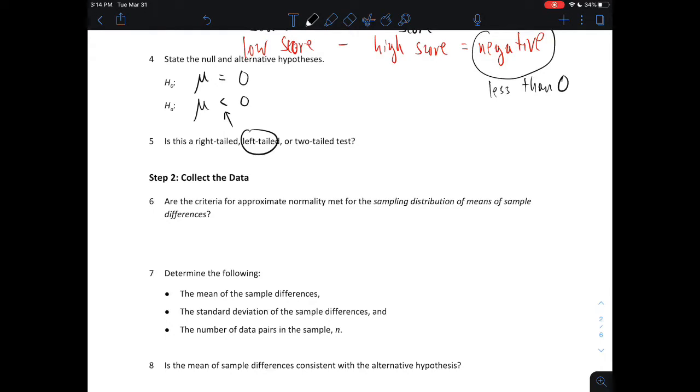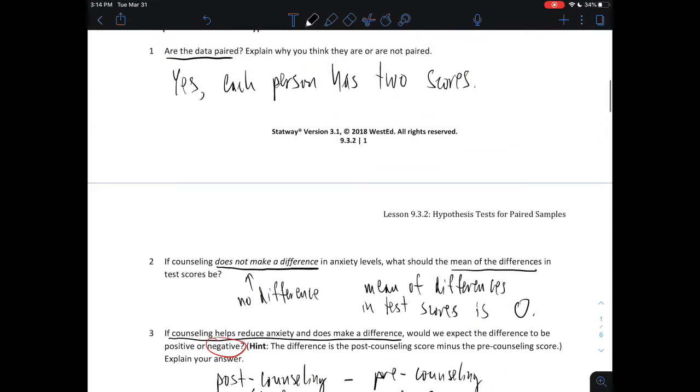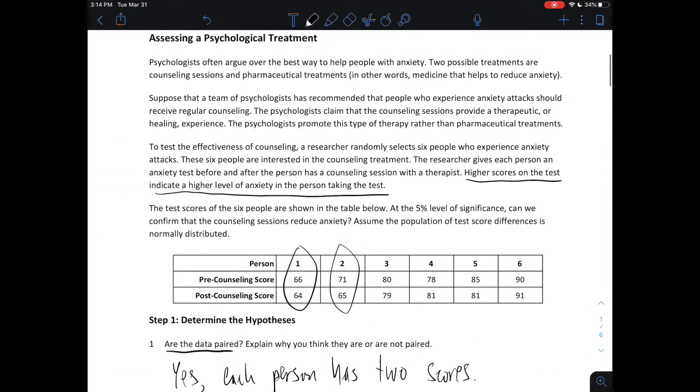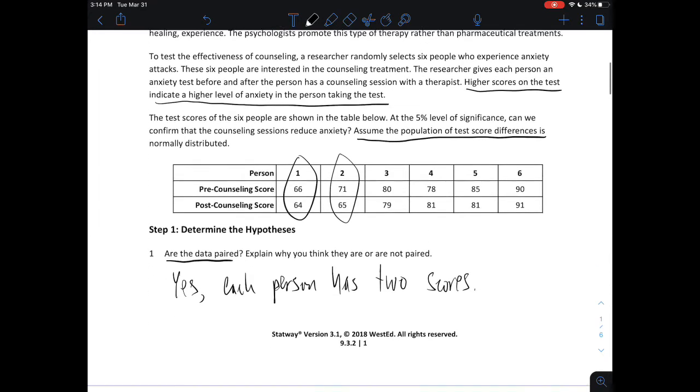So do we have n greater than 30? No, because we only have 6 patients, which means we would only have 6 differences in test scores. But if we go back to what was given to us, we did have an assumption. Assume the population of test score differences is normally distributed.